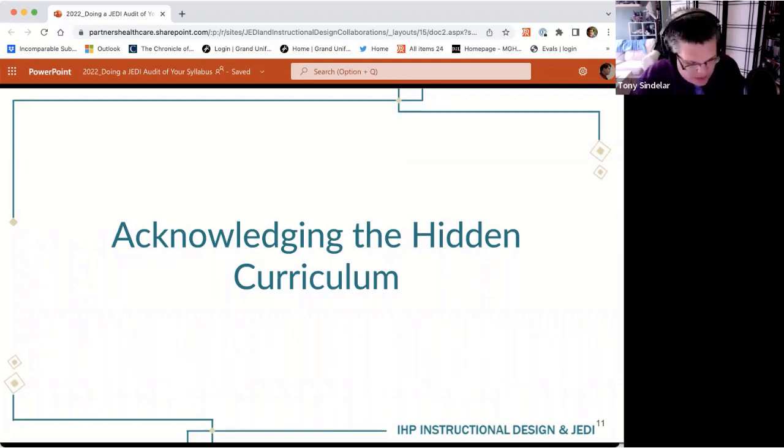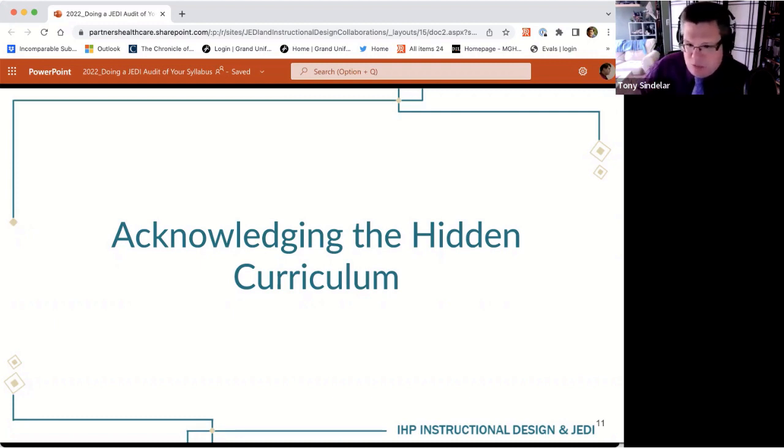So if you haven't heard of this term hidden curriculum before, it's the secret unwritten rules of higher education. These may be rules that some students enter higher educational spaces already knowing. It may be rules that some students are really good at picking up right away.